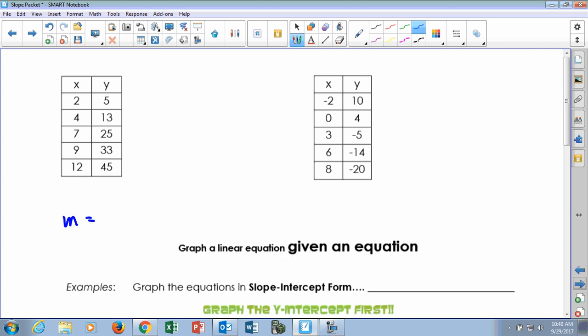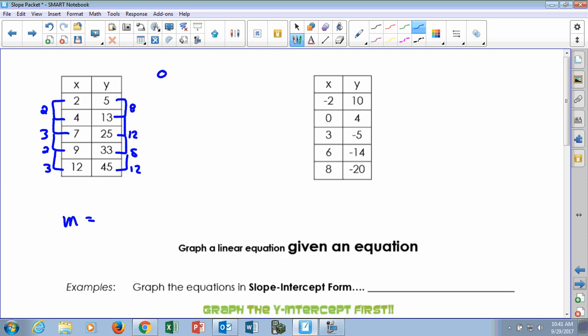Okay? So if we notice, our x's are not going up by 1, right? So from 2 to 4, that's 2, 4 to 7, and then it goes 2, 3 again. And from 5 to 13, 8, 13 to 25, and then 8, and then 12 again. So we got change in y with a change in x, right?